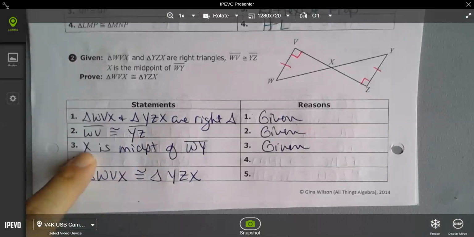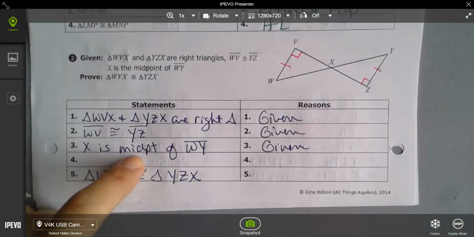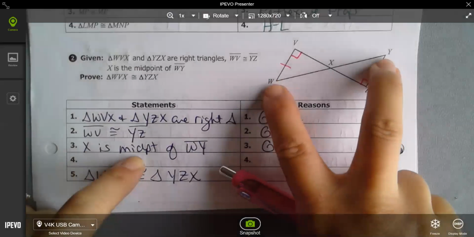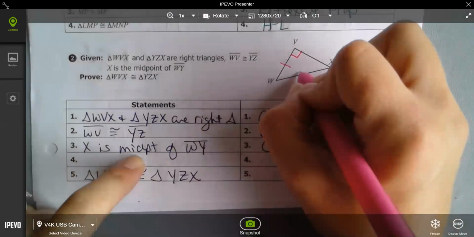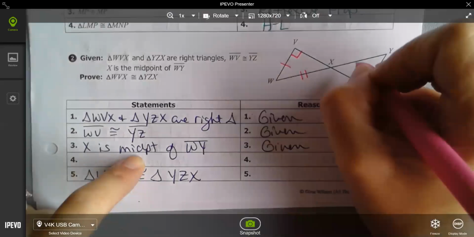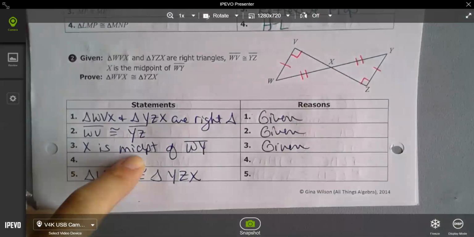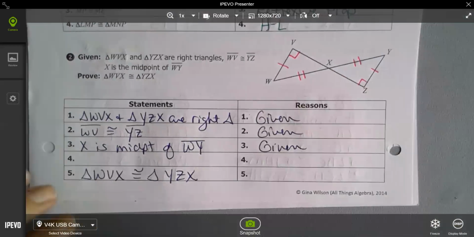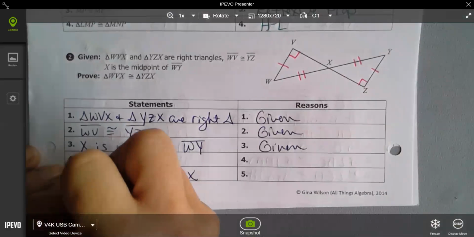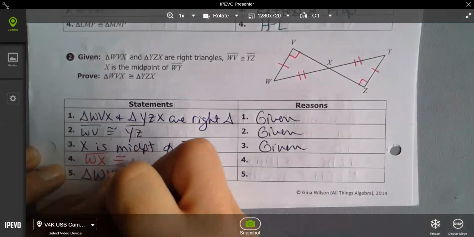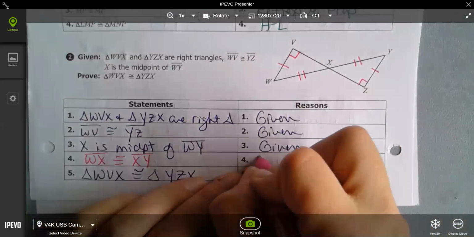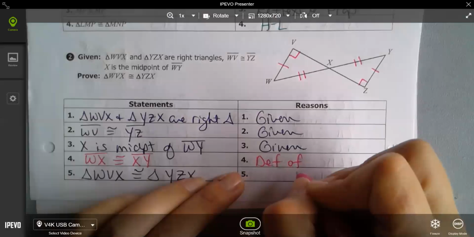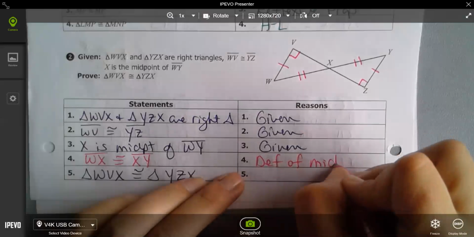All right, move on. WV congruent to YZ. And then it says that X is the midpoint of WY. X is the midpoint, which means two equal pieces, WX and XY are congruent to each other. So there's the missing piece. WX is congruent to XY, and that's because we knew the definition of midpoint.